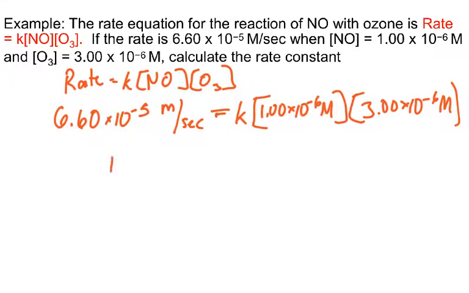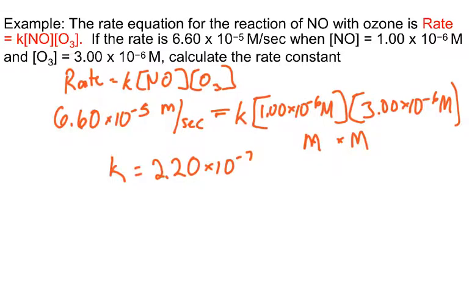Then I can solve for my k, and I get 2.20 times 10 to the minus 7. Then this needs units on it. So my units over here are molarity per second. My units over here are molarity times molarity.